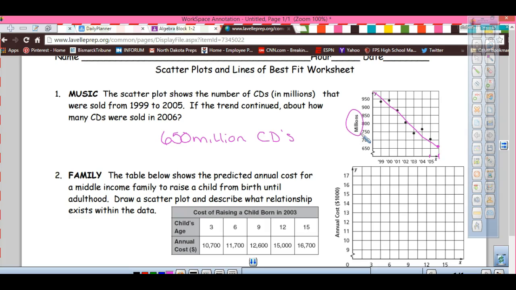So 3, 10,700; 6, 11,700; 9, 12,600; 12 is 15,000; and 15 is 16,700. So that should be plotted on your worksheet.